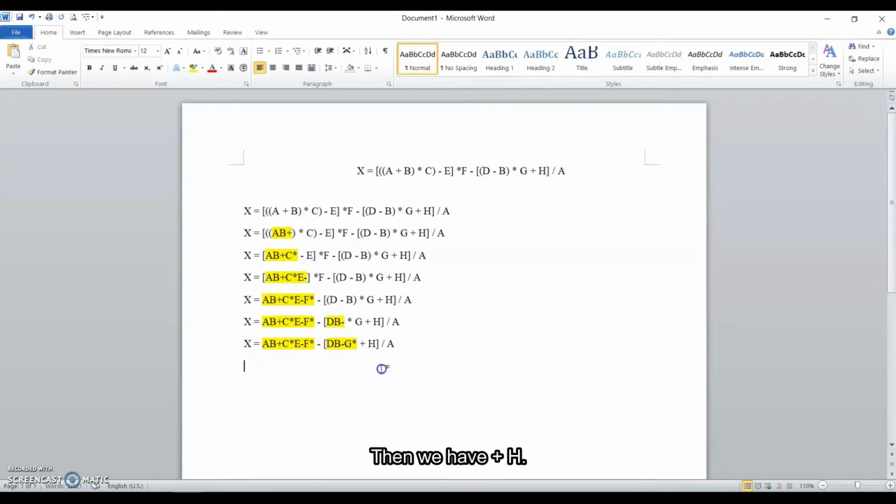Then we add H, so shift the add sign to the behind. Then lastly we divide by A. So it will become like this.